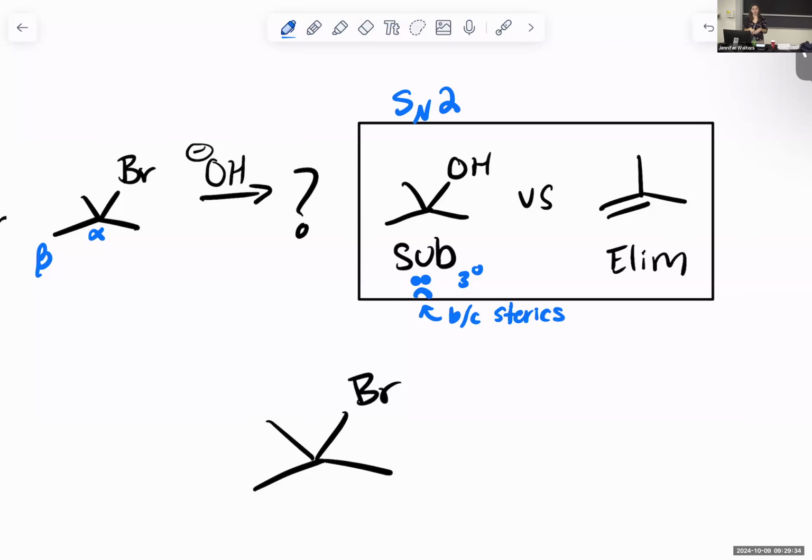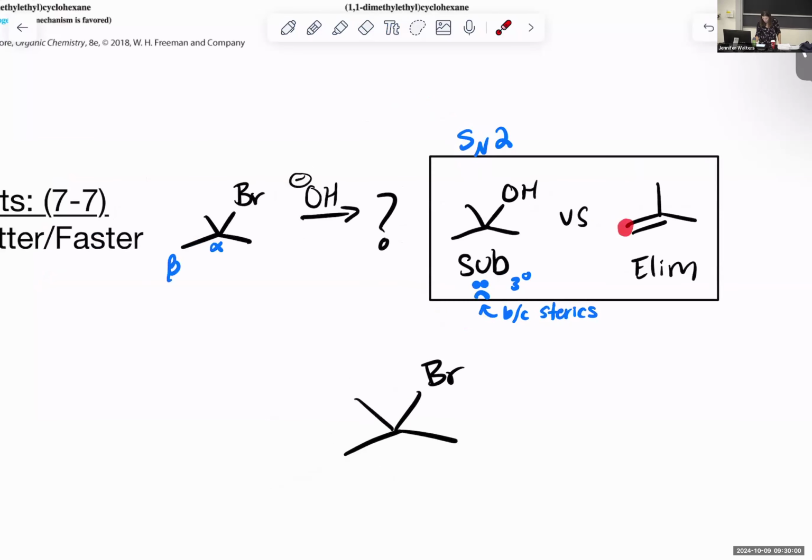For E2, I'm not trying to get that alpha carbon, right? I'm attacking the hydrogen next door. So I don't care how congested and hard it is to get here, because I'm not trying to get there. I'm trying to get here. So the more substituents I have, now I'm getting more opportunities to promote the elimination, because for the elimination, I'm trying to go next door.